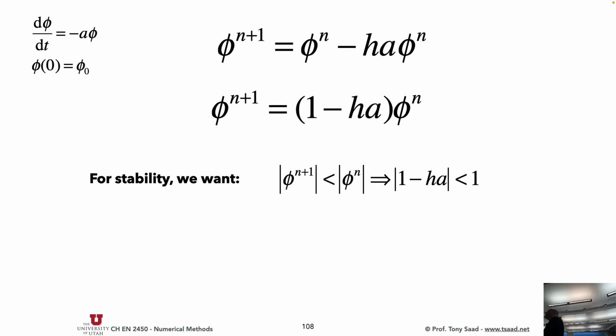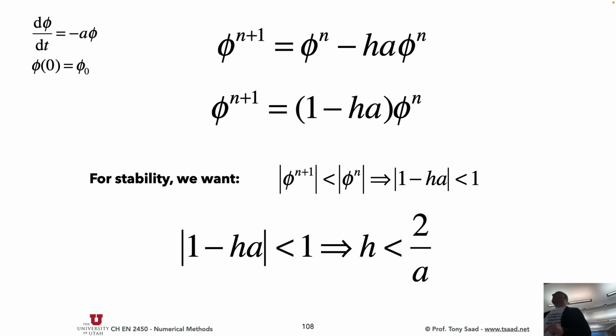So if you impose this condition that you want phi n plus 1 to be less than phi n, then the absolute value of this coefficient 1 minus ha needs to be less than 1. That strictly puts a condition on the time step size, on h: for these types of ODEs, your time step value cannot be anything. It needs to be less than 2 over a.